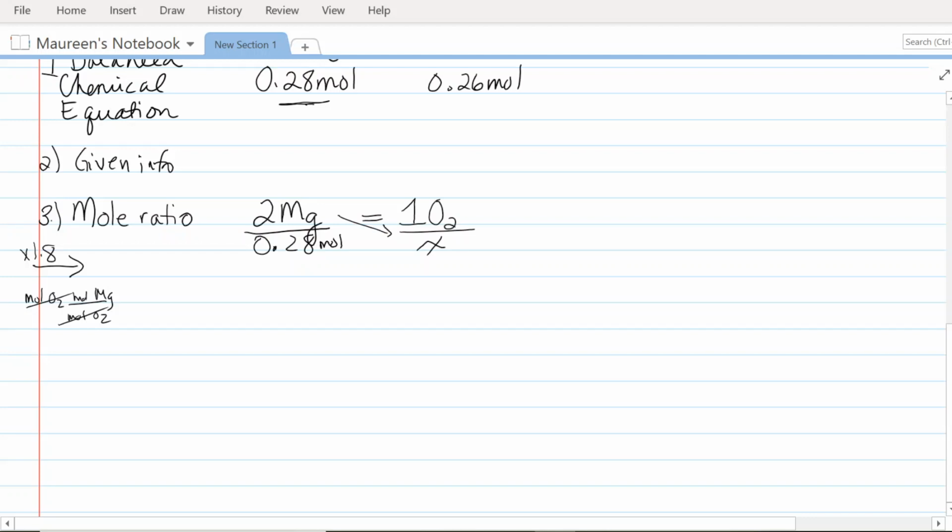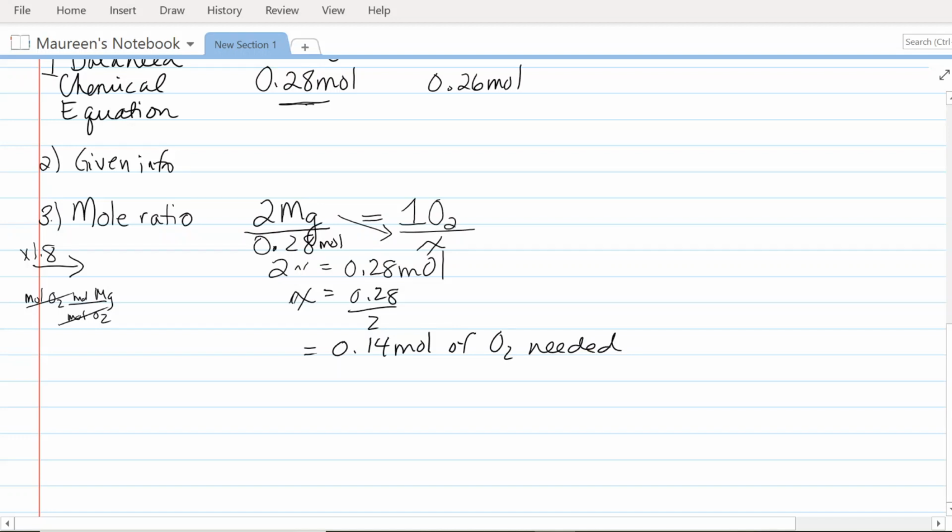So again, I'm going to cross multiply, and so just removing the element symbols, the 2x is going to be 1 times 0.28, or 0.28 moles. So x is going to be 0.28 divided by 2, which is 0.14 moles of oxygen needed.